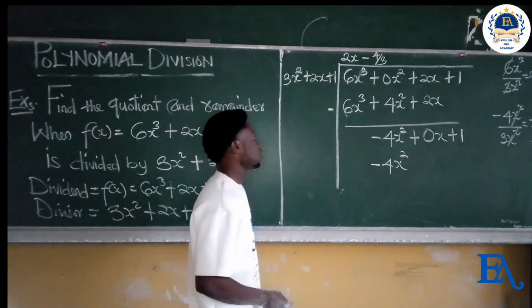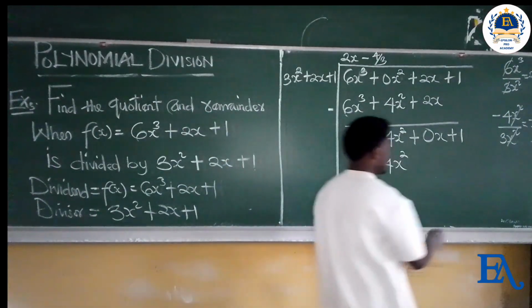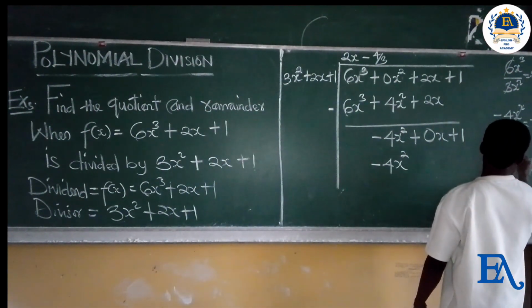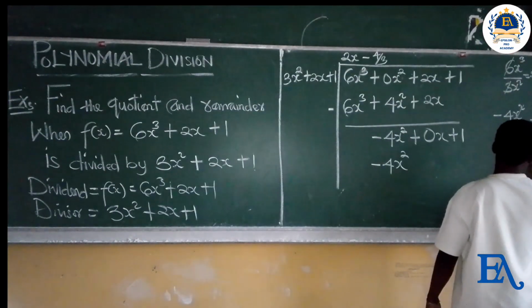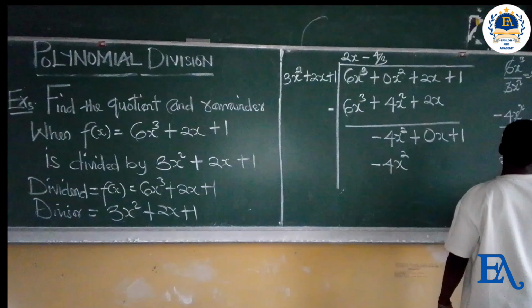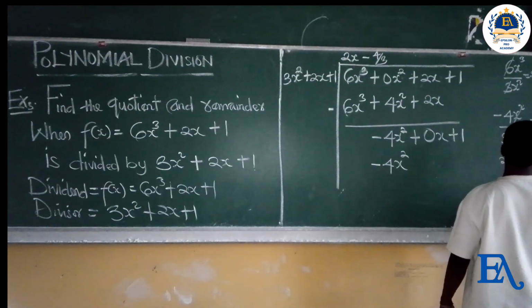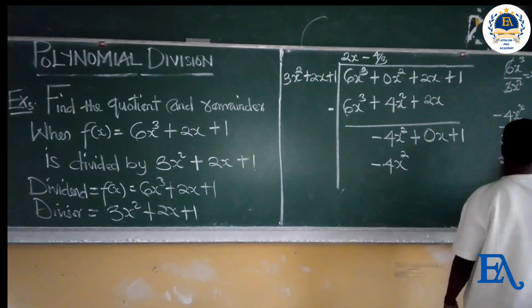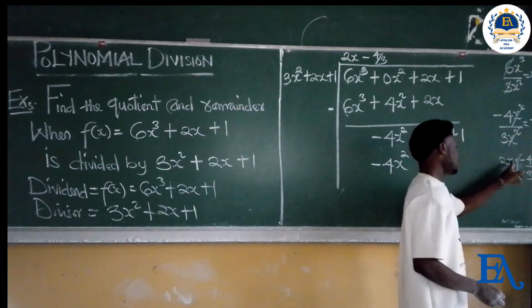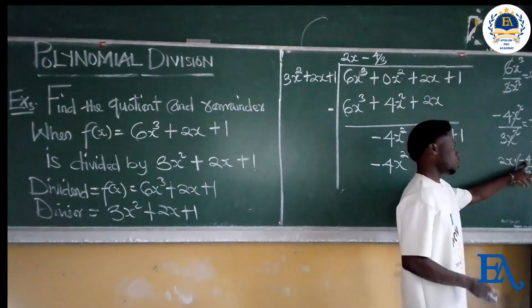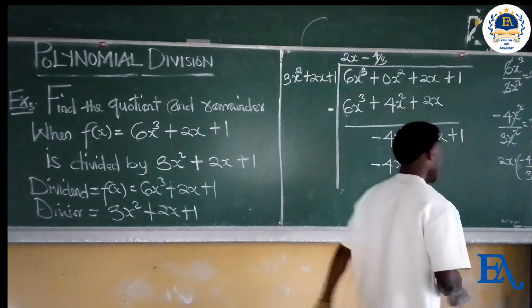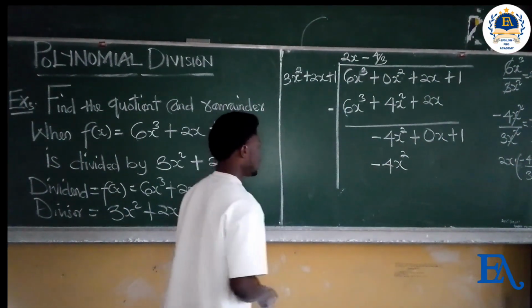2x times minus 4 over 3 gives 2x times minus 4, which is minus 8x over 3.